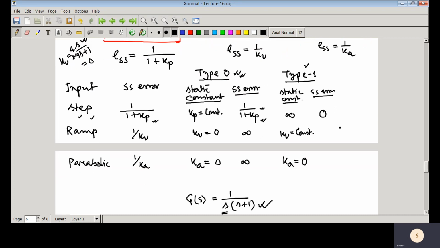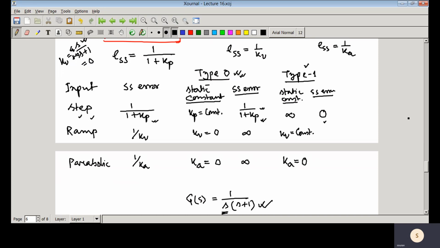Here you can see that steady state error is equal to 0. So whenever we want to track a reference command, and the reference command is step input, then that system at least should be a type 1 system. That means at least it has one pole at origin.